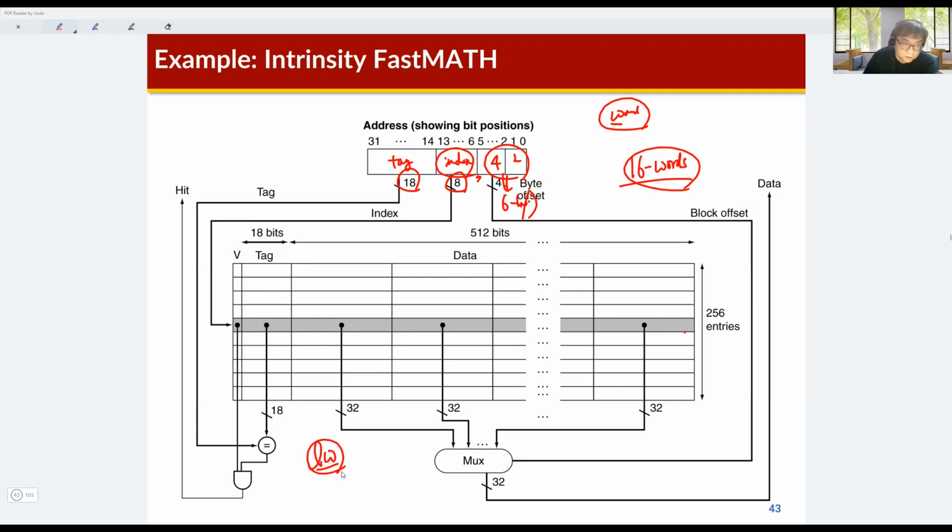When the load word instruction is executed by the processor, we need to select one word from the entire cache line with this block offset. There are 16 words, and we need to select one of them. How? We can use the block offset. We can use a 16 to 1 mux, and we use this 4-bit block offset as the selection signal for this mux.